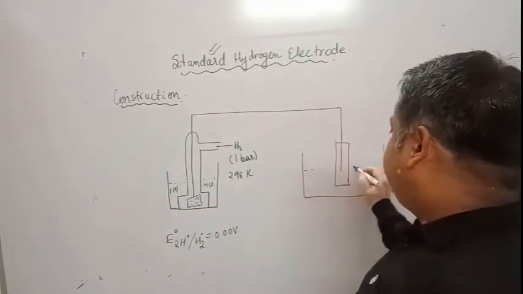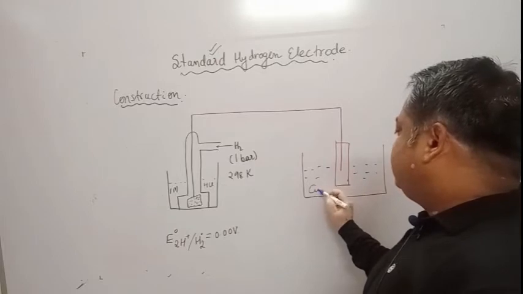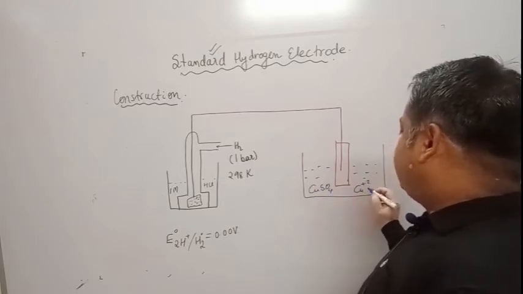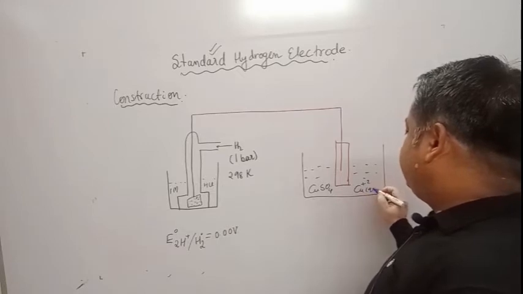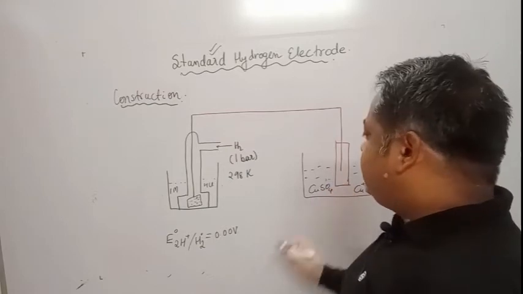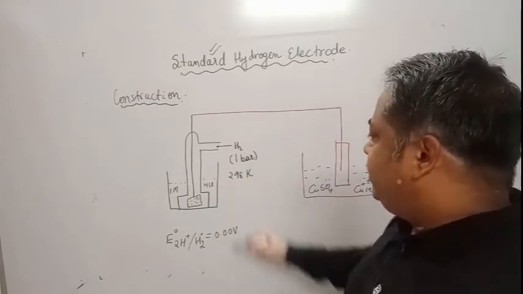The copper sulfate will contain copper 2 plus ions, and the sulfate ions can be exchanged, or the ions can be exchanged, with the help of a salt bridge across.